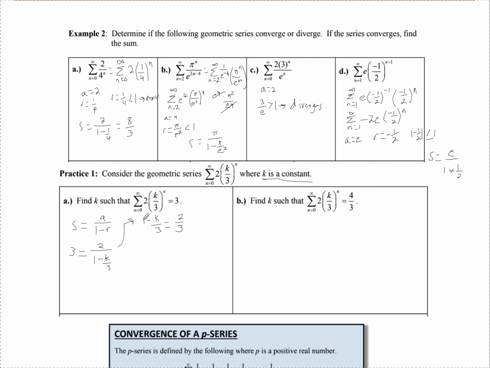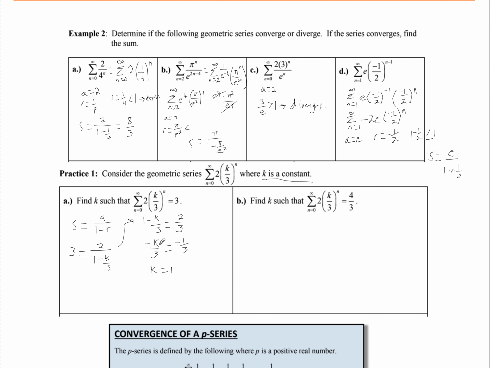Then I could subtract 1 over there, so that can be negative K over 3 equals negative 1/3. Multiply by negative 3, that'll cancel out that negative sign and that 3. Multiply negative 3 over here, and we would find K equals 1.